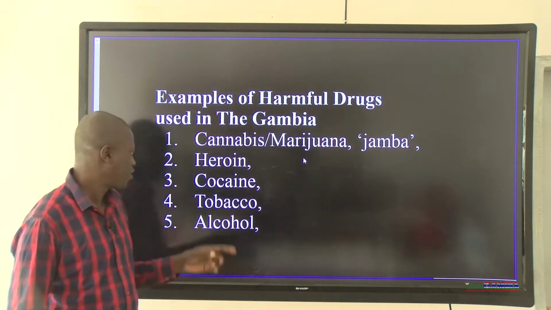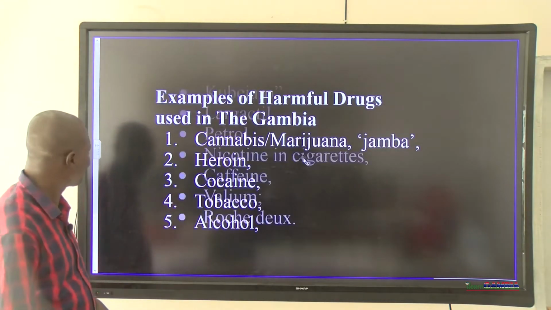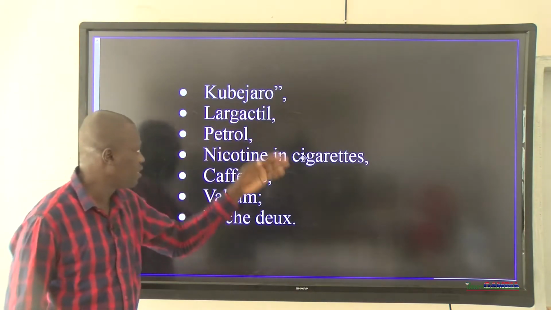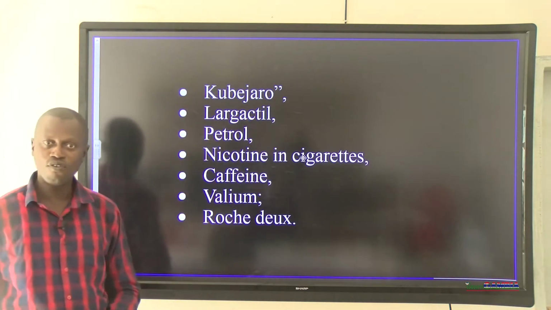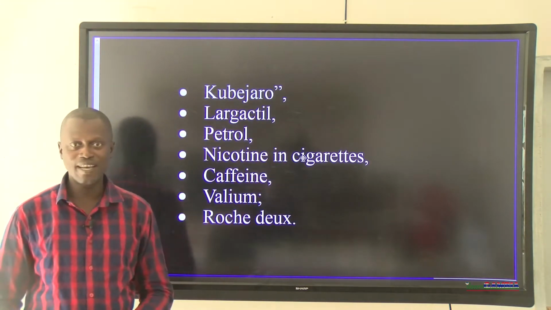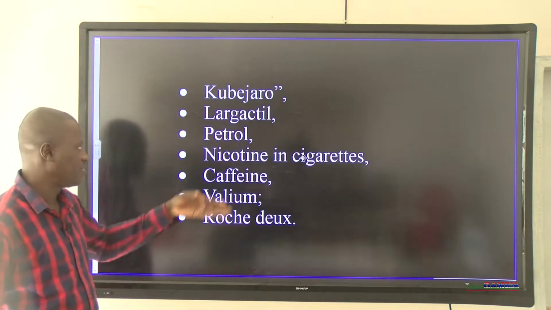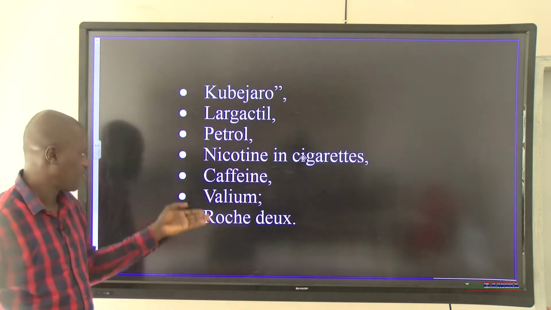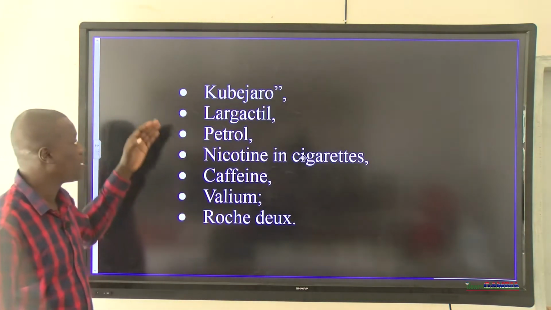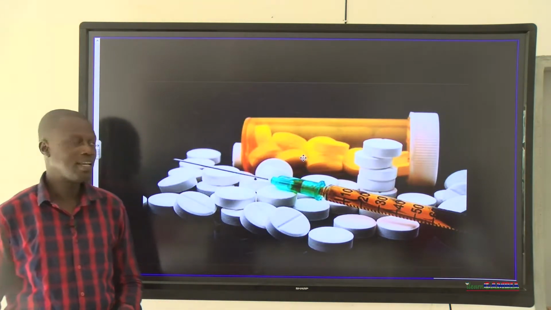Heroin, cocaine, tobacco, alcohol, kubejaro or kubejara, lactil, petrol, nicotine, which is available in cigarettes, caffeine, which is also in coffee, Valium, Rosedo. All these are harmful drugs used in the Gambia.